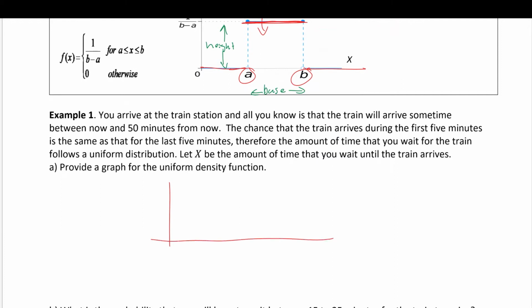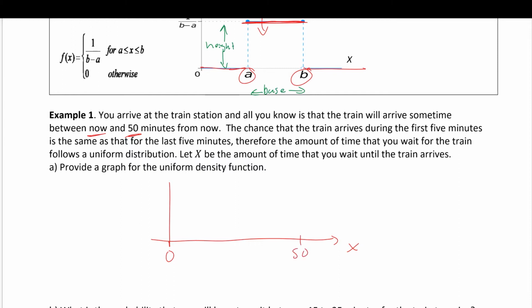All right, so let me draw a vertical axis, and a horizontal axis is our x value. And what do we have here? Well, we know that it exists for times between now and 50 minutes from now. So now is going to represent 0, and 50 minutes from now, that's 50.